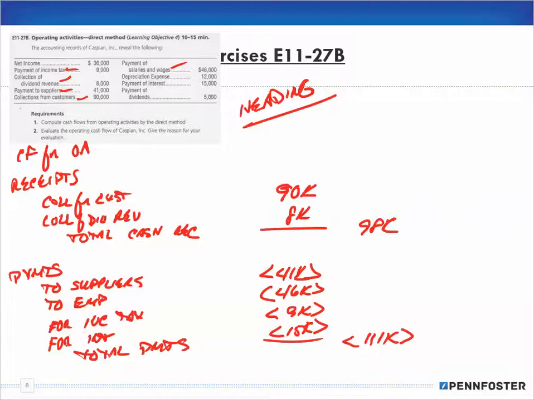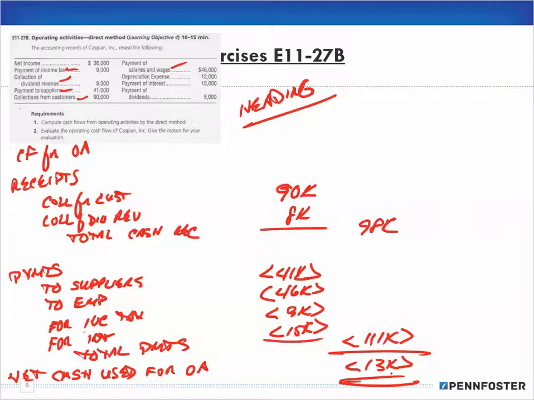And so my net cash used for operating activities is a total of a negative $13,000.